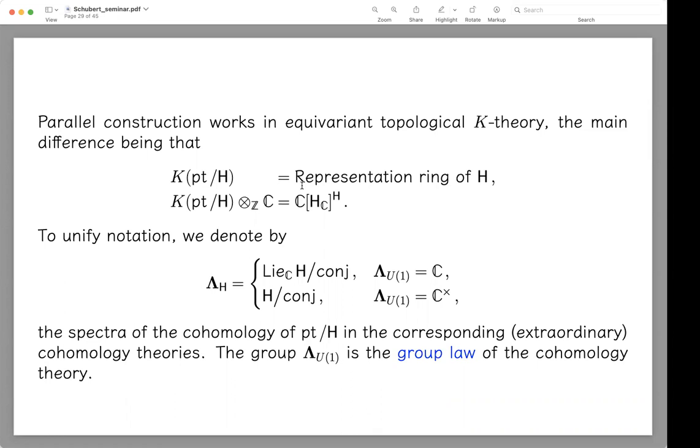There's a group law corresponding to each cohomology theory, and that's the lambda of U1. Concretely, in ordinary cohomology that would be the additive group of complex numbers, and in the K-theory version, that would be the non-zero complex numbers with respect to multiplication.